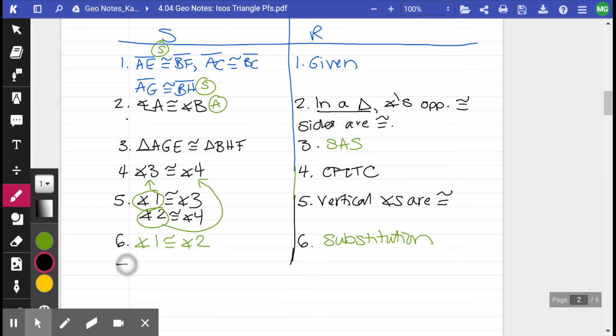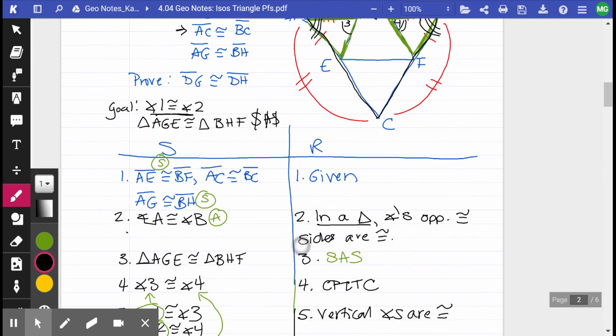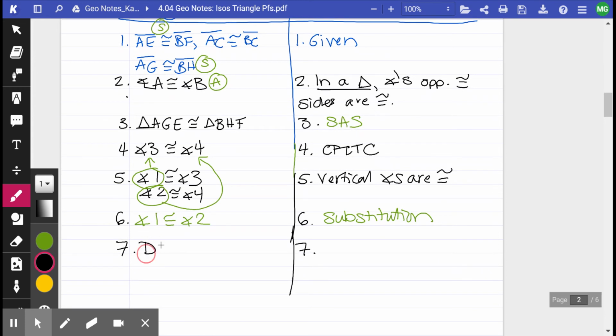And then once I have those two angles congruent, that means I have an isosceles triangle, which means I can say that segment DG is congruent to segment DH, because in a triangle, again, three important words, sides, so it's the opposite of what we wrote up in step 2: sides opposite congruent angles are congruent.